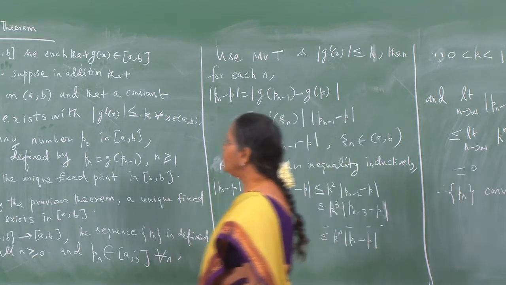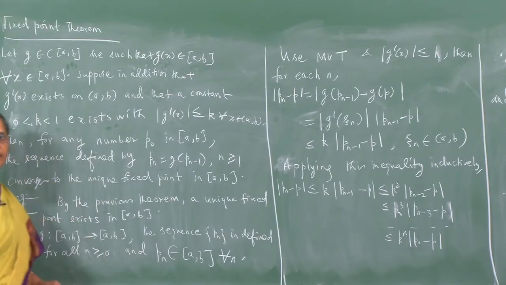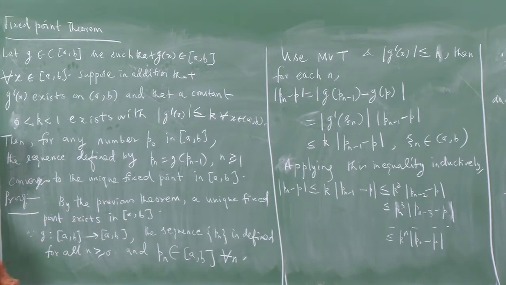Now, g takes values in [a, b] and g is a function from [a, b] to [a, b].